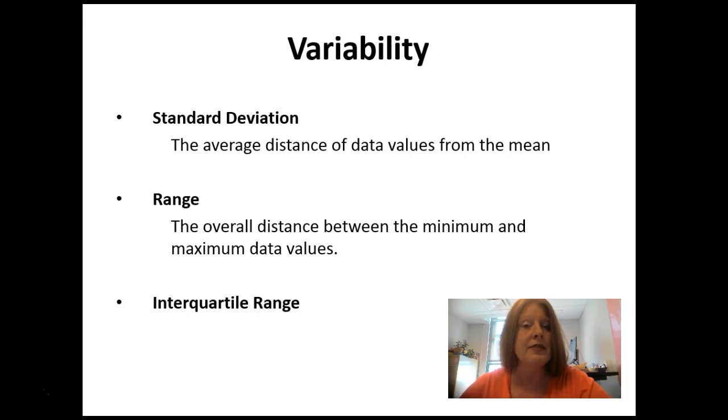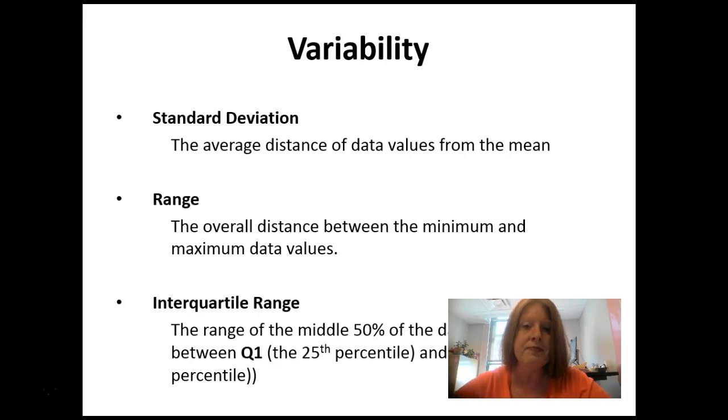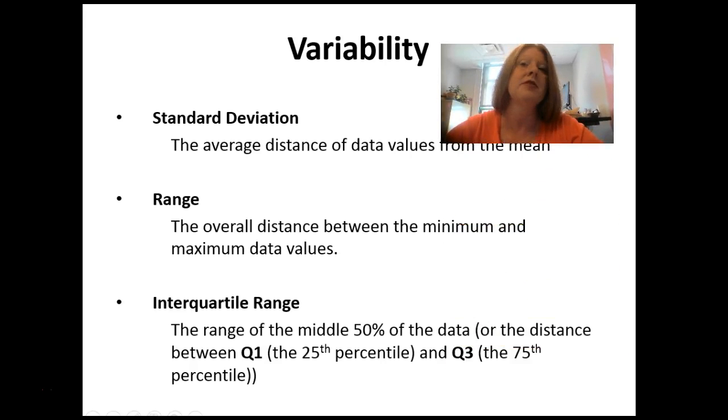And then we have something called the interquartile range. And this is essentially the range of the middle 50% of your data. So to find the interquartile range, which we sometimes refer to as the IQR, we find what's called the 25th percentile, or quartile 1, and the 75th percentile, or quartile 3, and then we subtract quartile 1 from quartile 3.